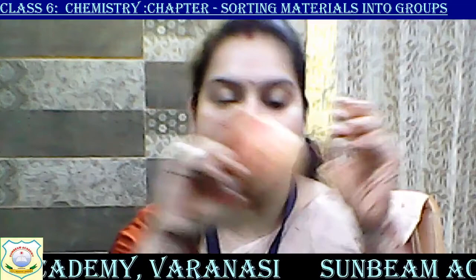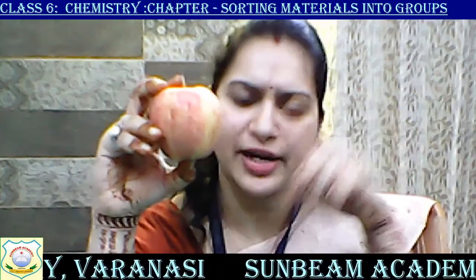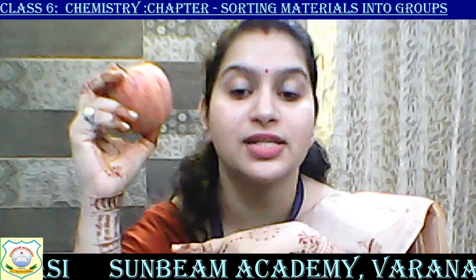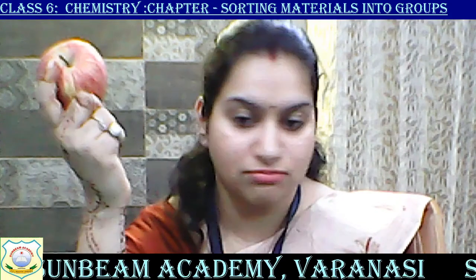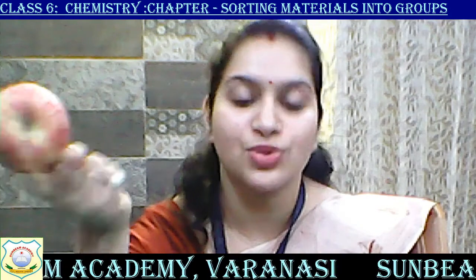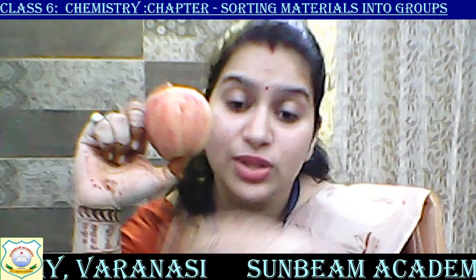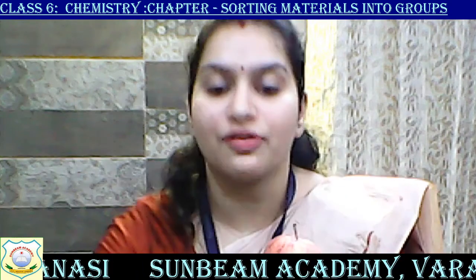Alright, so you will write it accordingly. So you will write color, size, shape, for what purpose this apple is used and from where we obtain it. Isn't it? So these are the properties of apples.